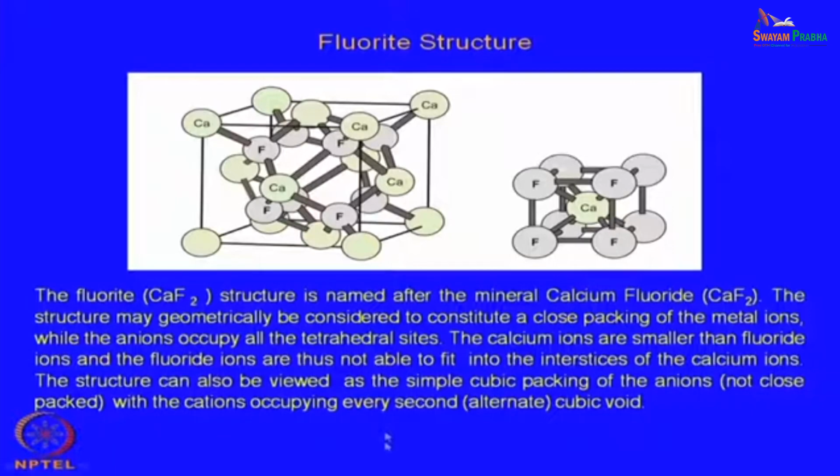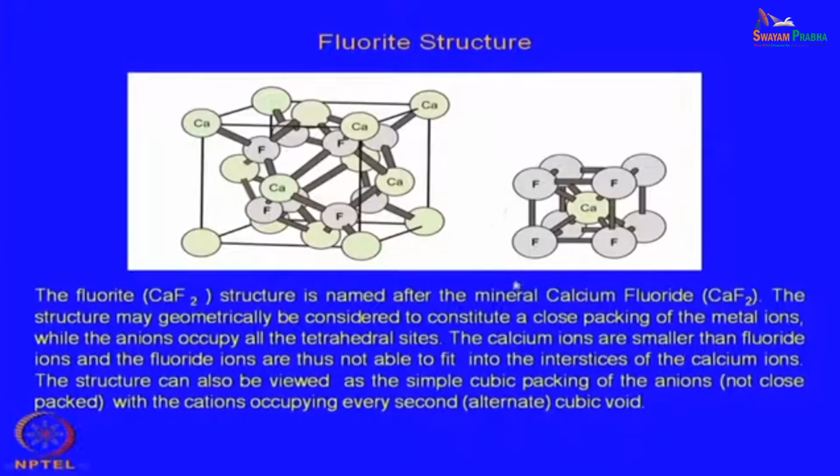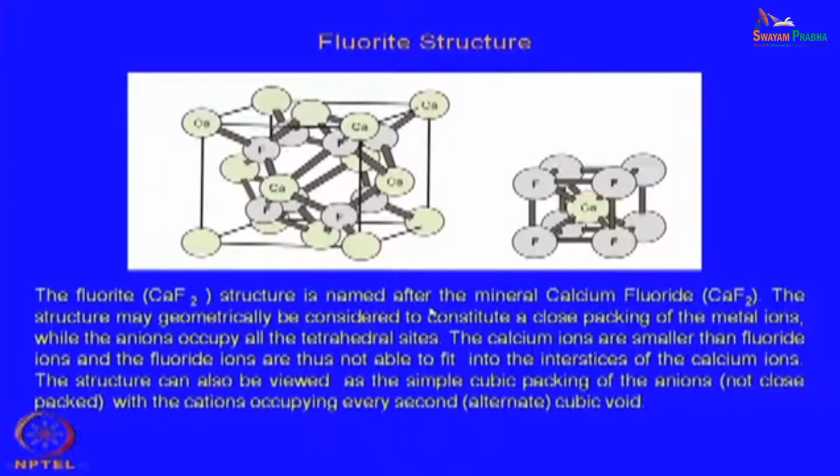The structure can also be viewed in a slightly different way, because this is one exception situation where the calcium ion is much bigger than the fluorine ions. Okay. So, normally anions are bigger than the cations. Here the cation is slightly bigger than the anion, and as a result the anion goes to the interstitial sites.